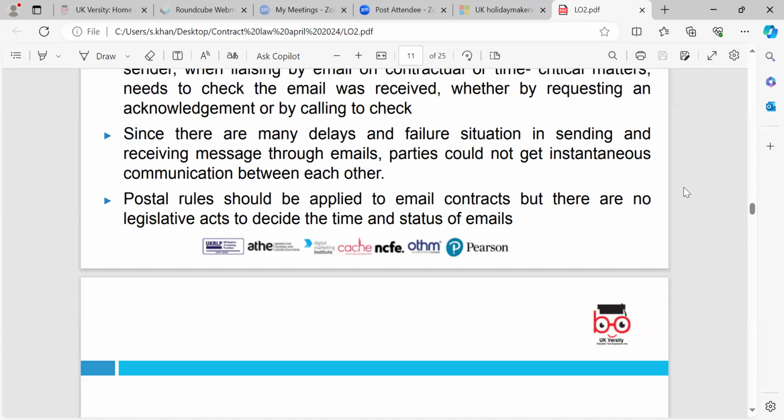The letter was never received by Hughes. Holwell sought to enforce the option relying on the postal rule, stating that acceptance took place before the expiry of the option. And it was held in this case that by requiring notice in writing, Dr. Hughes had specified that he had to actually receive the communication and had therefore excluded the postal rule.